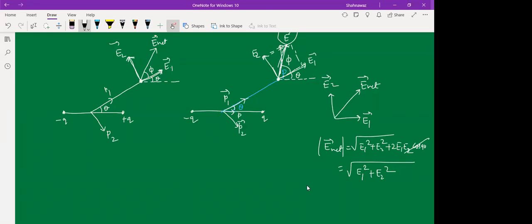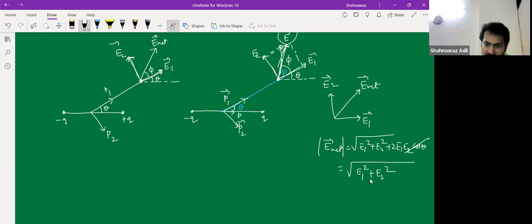Now I will calculate the magnitude of E1 and the magnitude of E2.